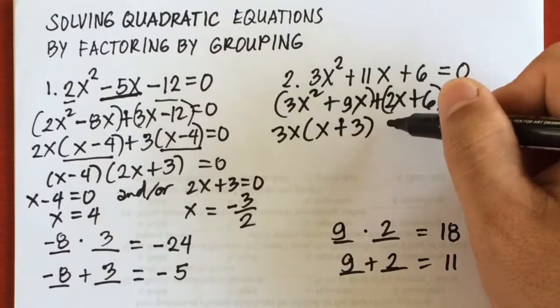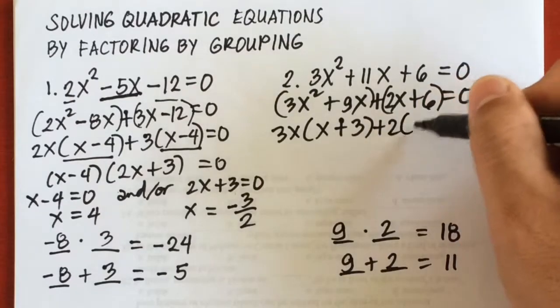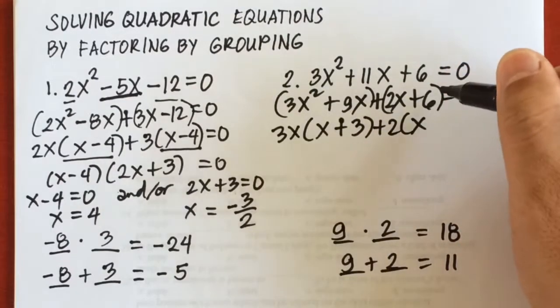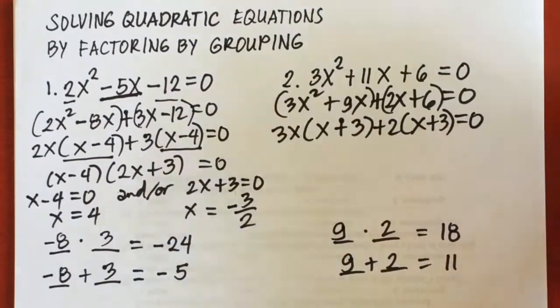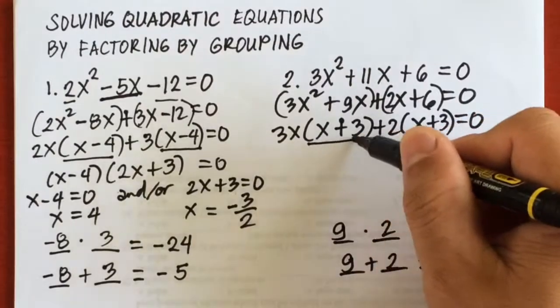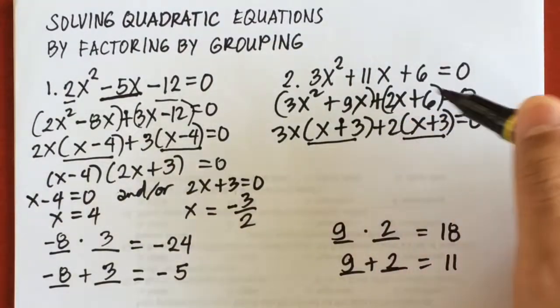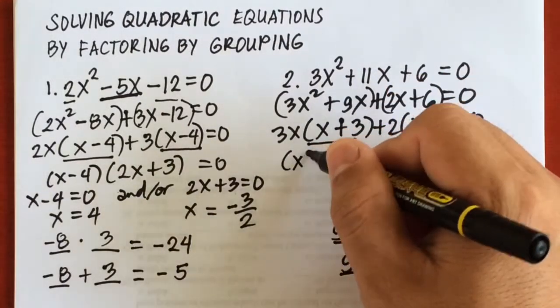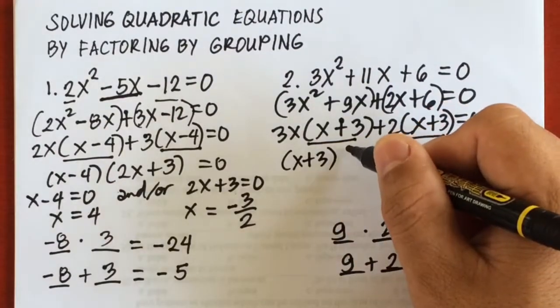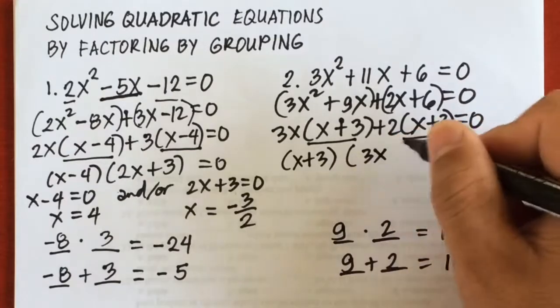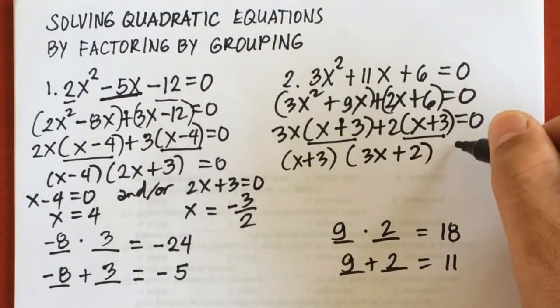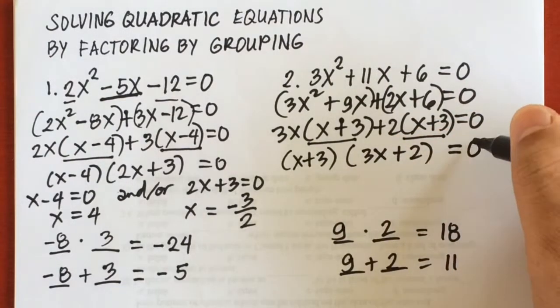Then common here is 2, so plus 2, then 2x divided by 2 is x, then 6 divided by 2 is 3, so plus 3 equals 0. Then again we have a common factor, so we're going to have that one as x plus 3, times 3x plus 2. Then this will be equal to 0.